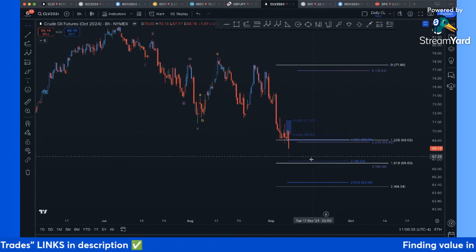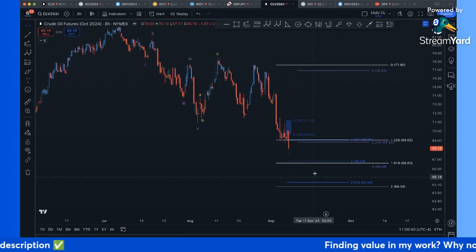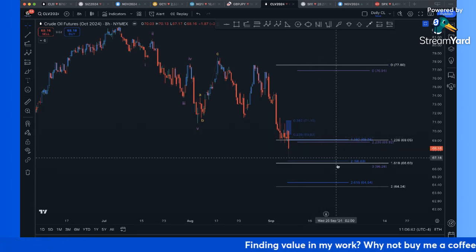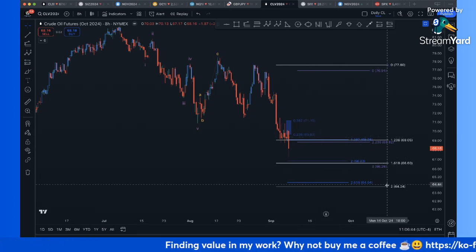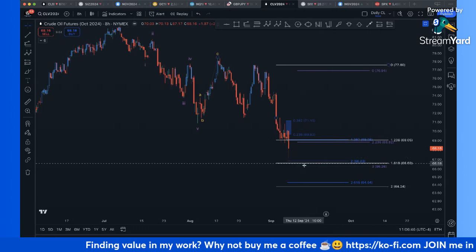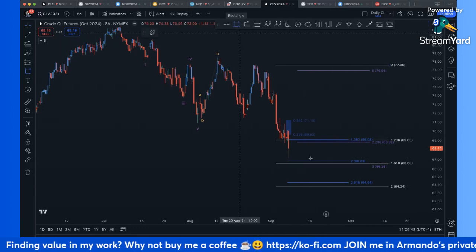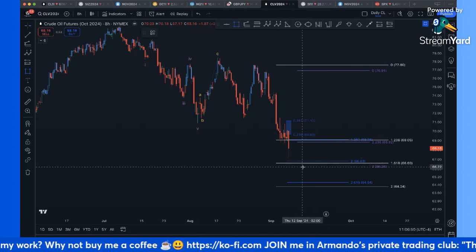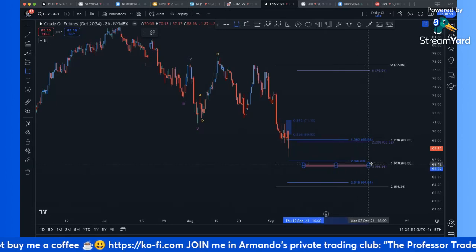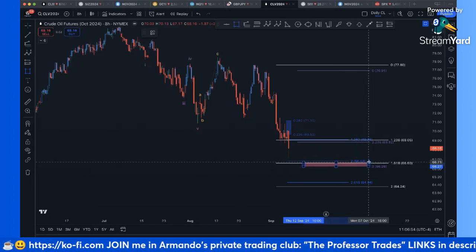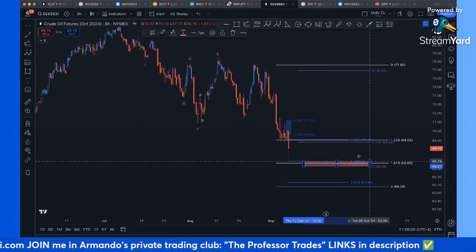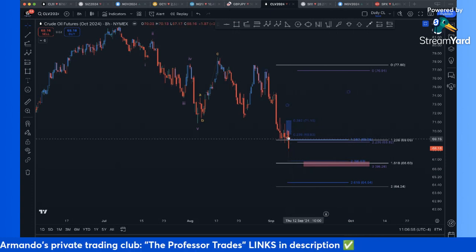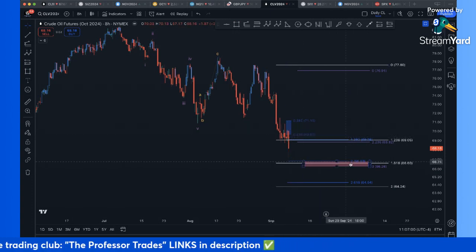In other words, I think we're going to be chopping with a bias towards the downside into these lower fibs. So I think just to keep it real simple, call this a fib cluster that should act as support if price wants to come down. And if it can't get back above this area, this is the next area right here.